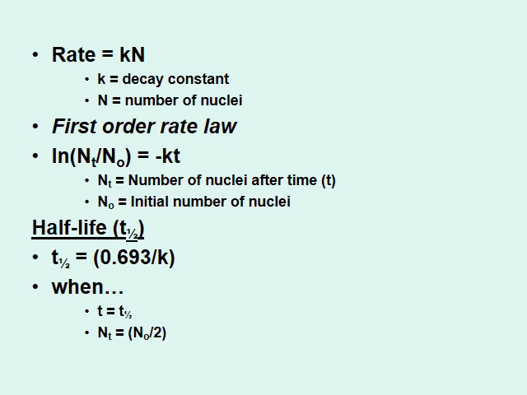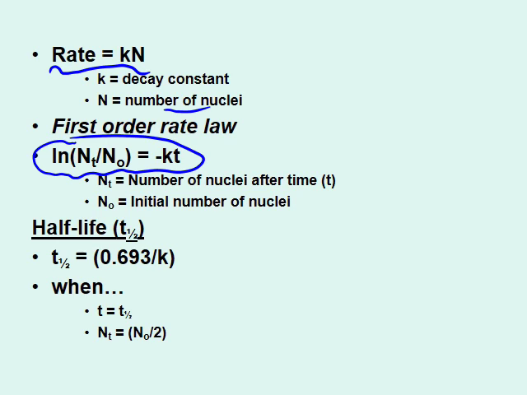Now with that in mind, we can write down the rate expression as rate equals kN, where k is a constant called the decay constant, and N is the number of radioactive nuclei. This gives you a first order rate, and we can finally solve it, and you get an expression like this: log of Nt over N0, where Nt is the number of nuclei after time t, and N0 is the initial number of nuclei.